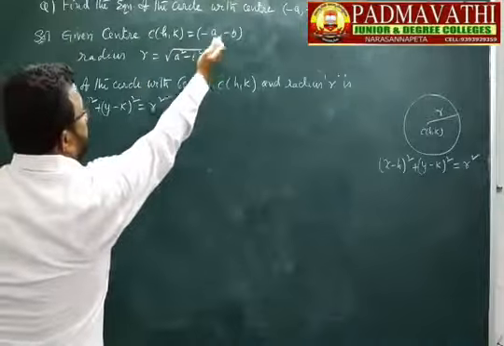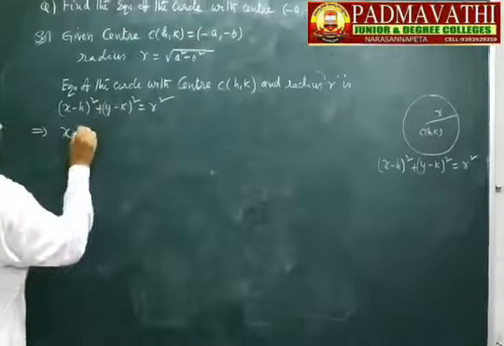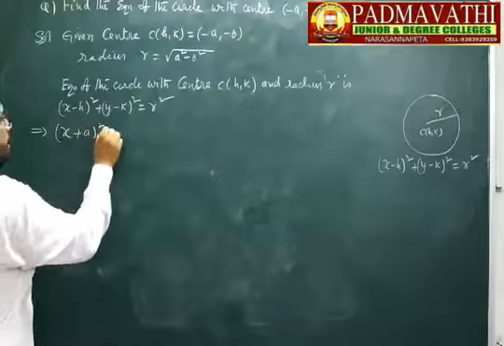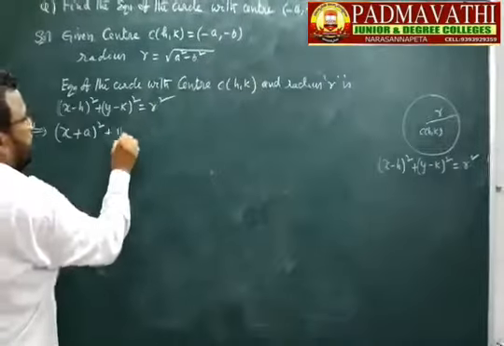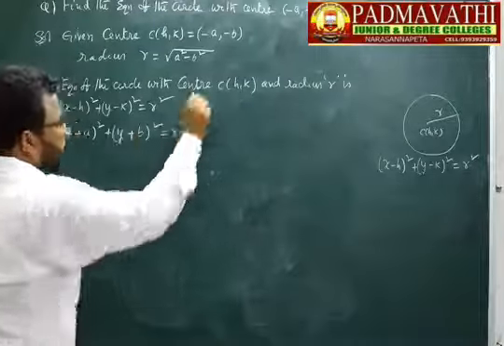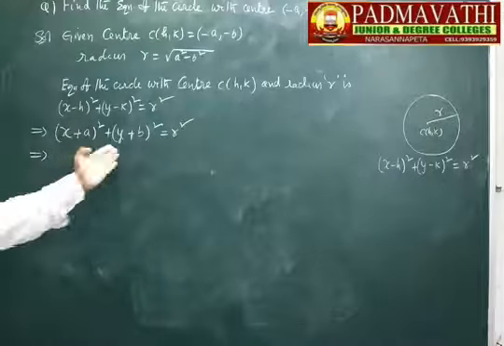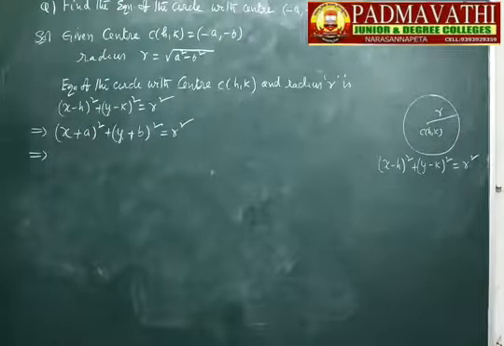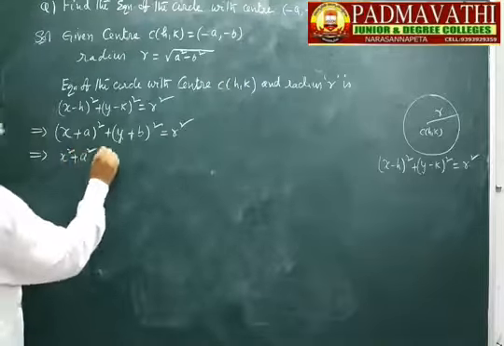We know that (h, k) is (-a, -b) and r is √(a² - b²). Substitute in this: (x + a)² + (y + b)² = r². That implies simplify this equation: (a + b)² = a² + b² + 2ab, that is x² + a² + 2ax.